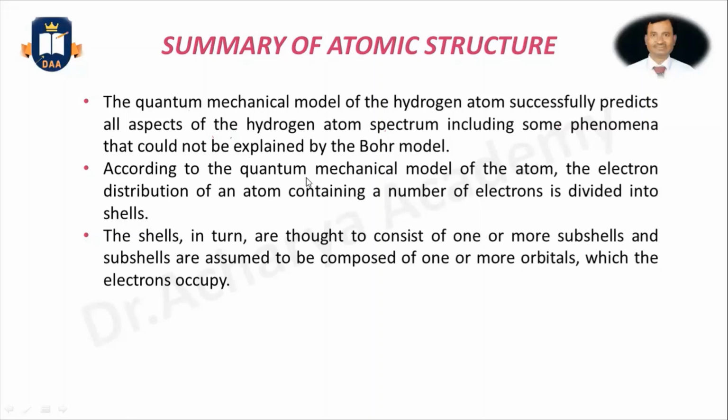And in these quantum mechanical models of the atom, the concepts of shell and subshell arrived for the explanation of atomic structure. Shell is related to the principal quantum number, and subshell is related to the azimuthal quantum number, which I already explained in the previous class.